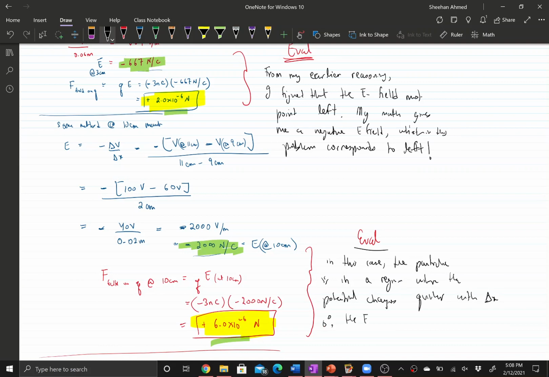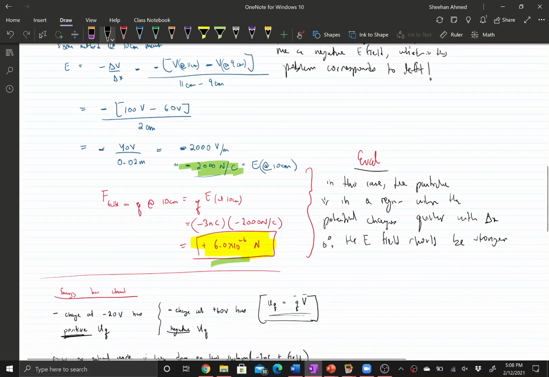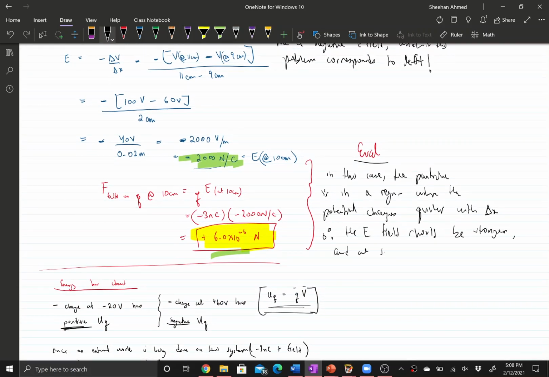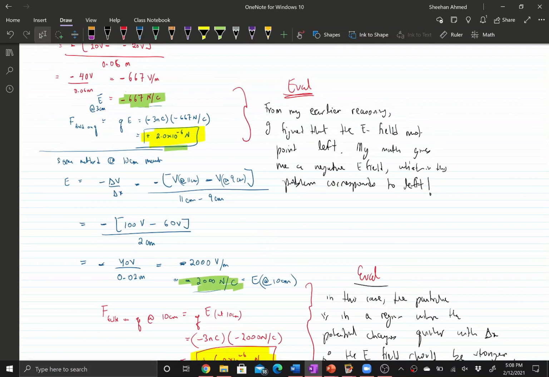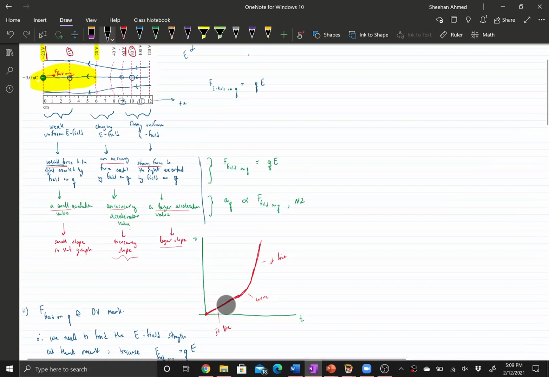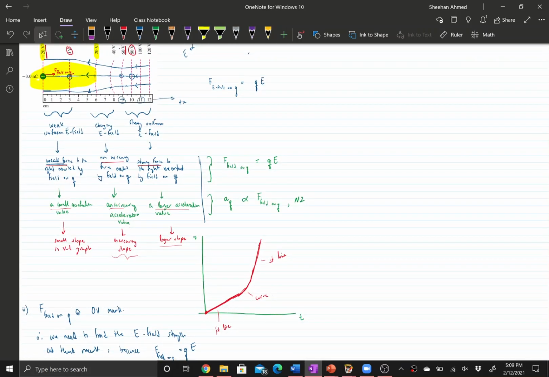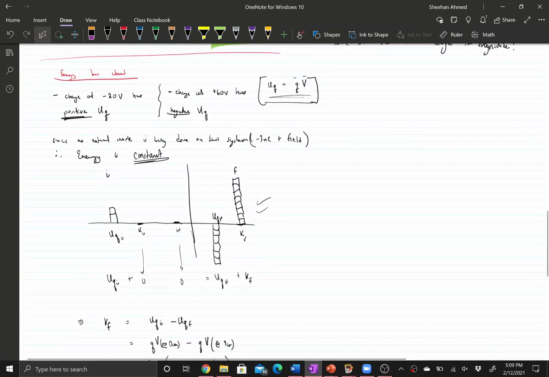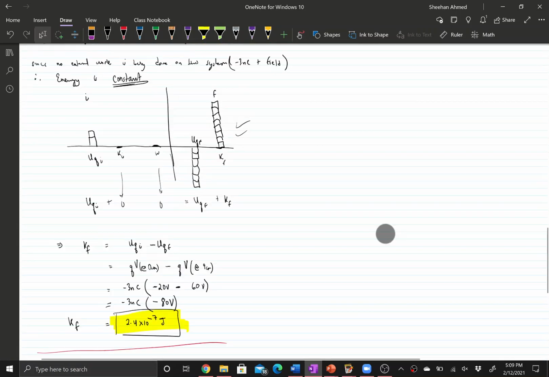Therefore, the E field should be stronger. Stronger meaning larger in magnitude. And we see it is larger in magnitude. So that makes sense. I could also add the force argument over here, but I feel like it's redundant. I could say I expected the force to be to the right, but I already kind of made that argument up here. If the E field is to the left and the particle is negatively charged, the force is to the right. What about this last one?